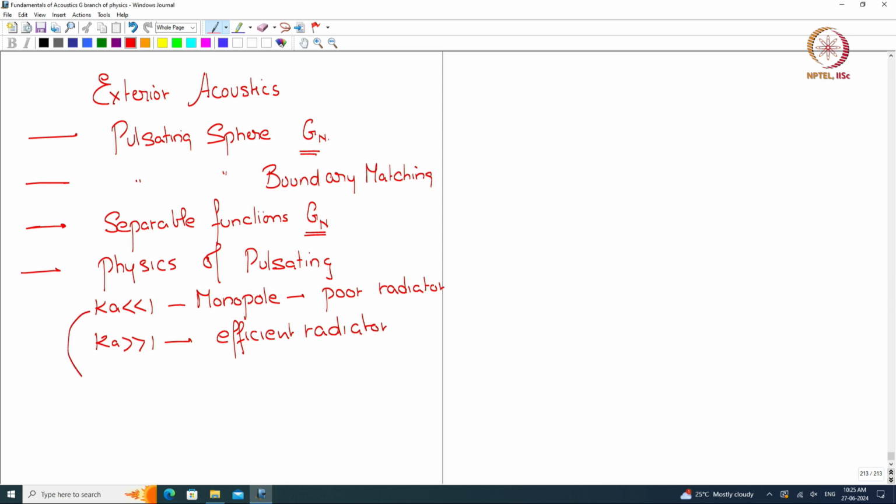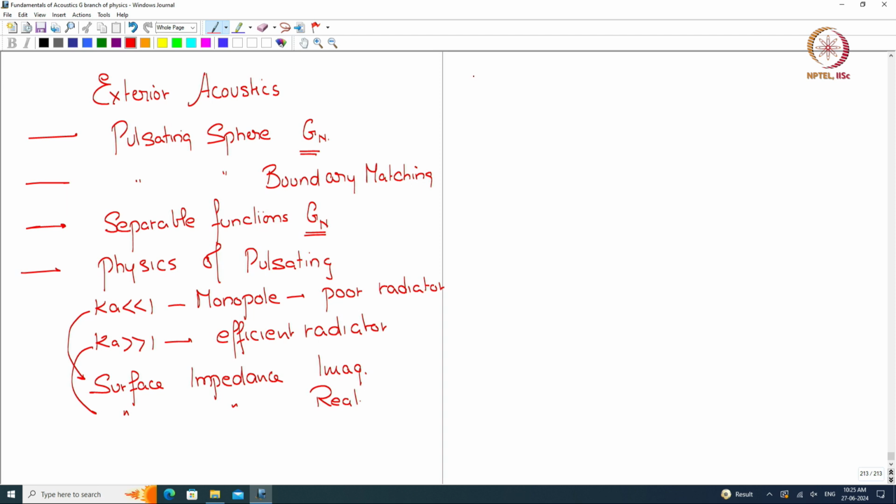How in this case the surface specific acoustic impedance is largely imaginary, and how in this case the impedance is largely real.